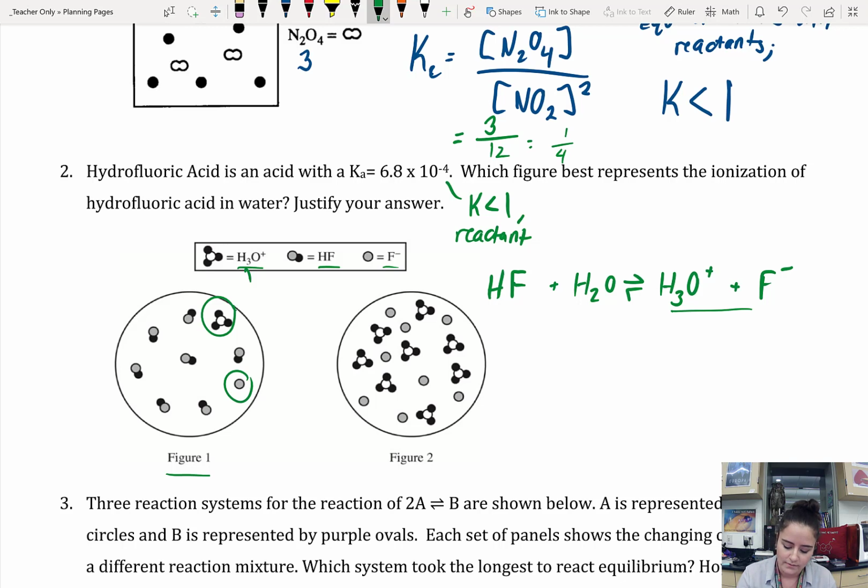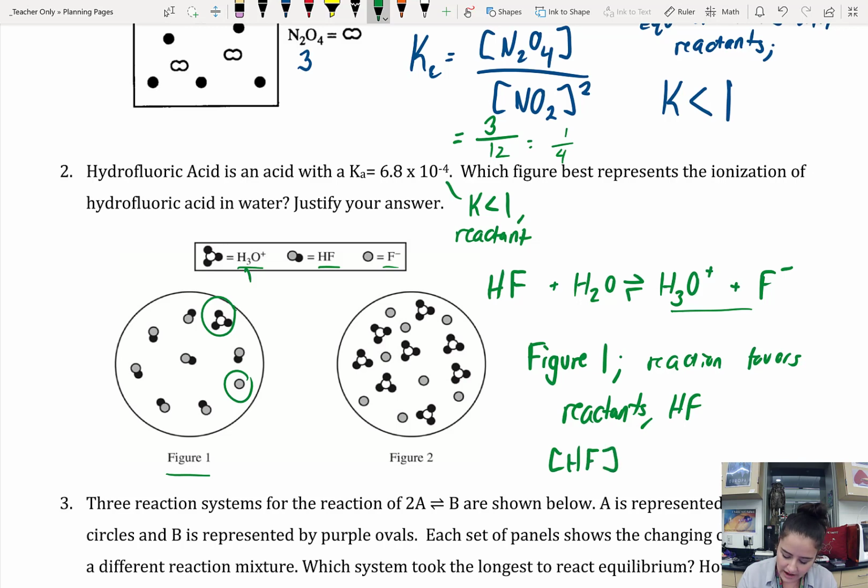Well, figure 1, because the reaction favors the reactants, which in this case are HF. So the concentration of HF at equilibrium should be much greater than the concentration of F minus or the concentration of H3O plus. This would be if it was a one-way reaction, all of the reactants turned into products.